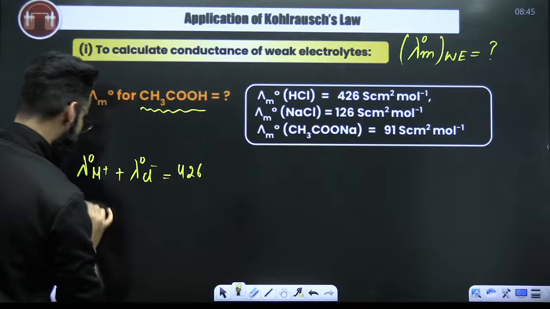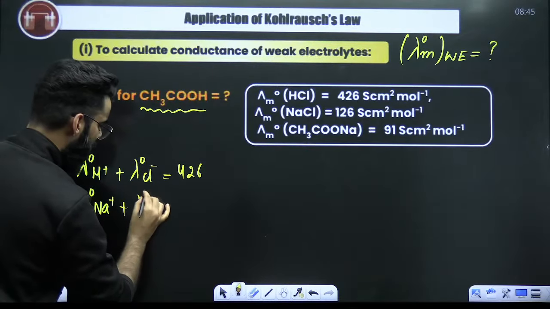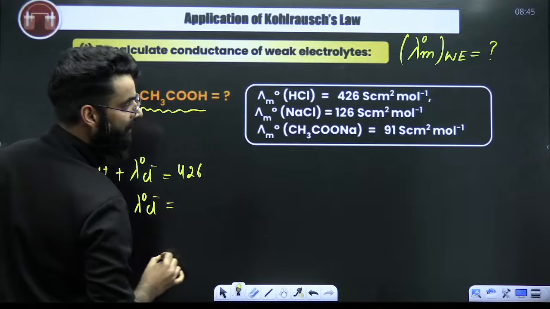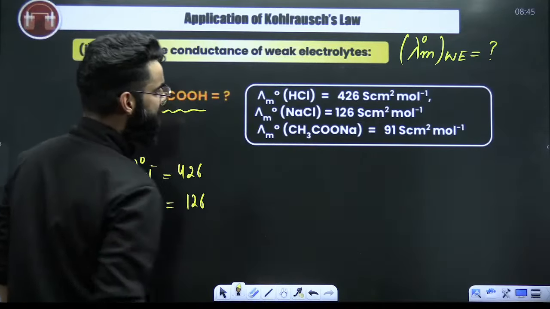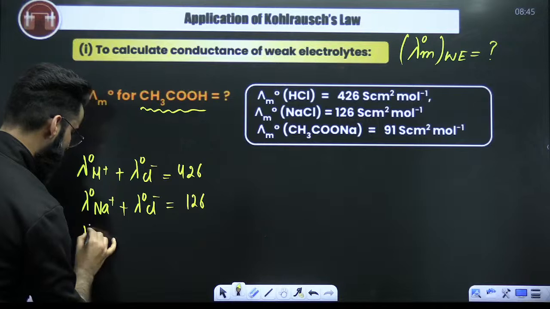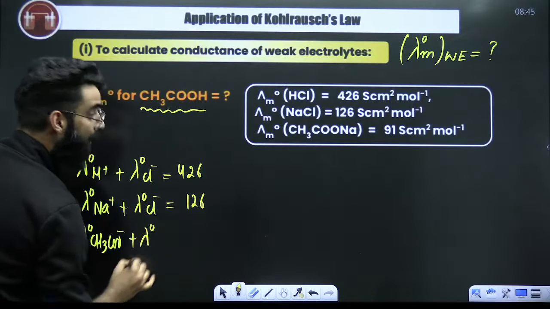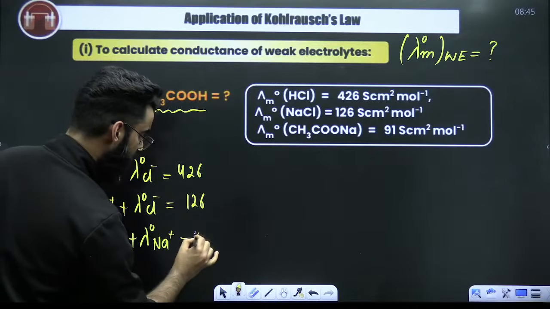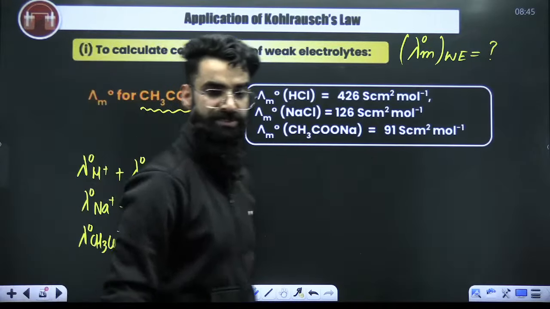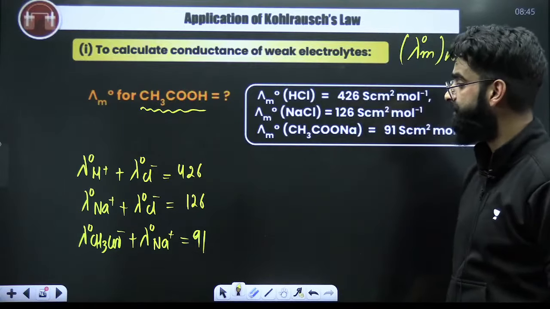Lambda naught M of NaCl I can write as lambda naught M of Na positive plus lambda naught M of Cl negative, and this term is given to me as 126. Lambda naught M of CH3COONa is equal to lambda naught M of CH3COO negative plus lambda naught M of Na positive, and this value is equal to 91. So how many equations do I have? I have got 3 equations.